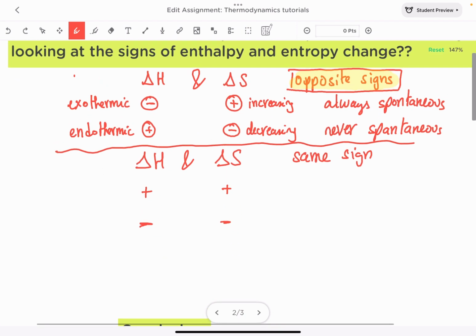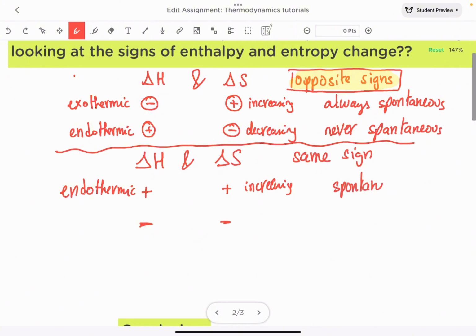What does it mean if both of them are positive? It means that I have an endothermic system with an increasing entropy. At this point, the reaction is spontaneous, but only at high temperatures.